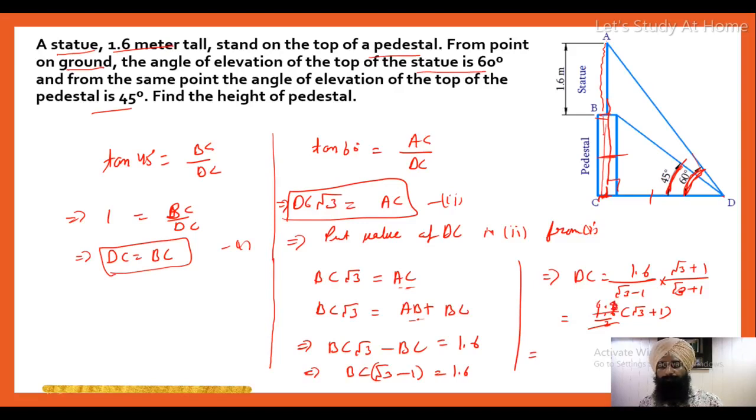So our answer is 0.8 into under root 3 plus 1 meter. That is the height of the pedestal. So I hope I have cleared this. If there is any problem, then go back and revise once.